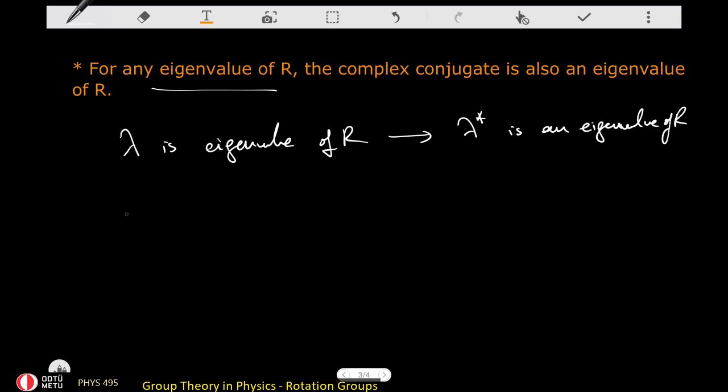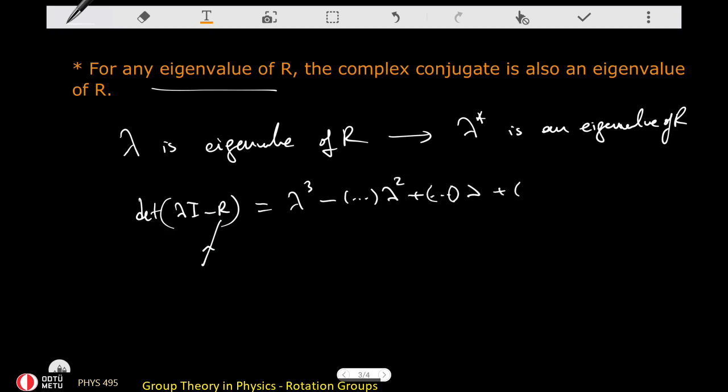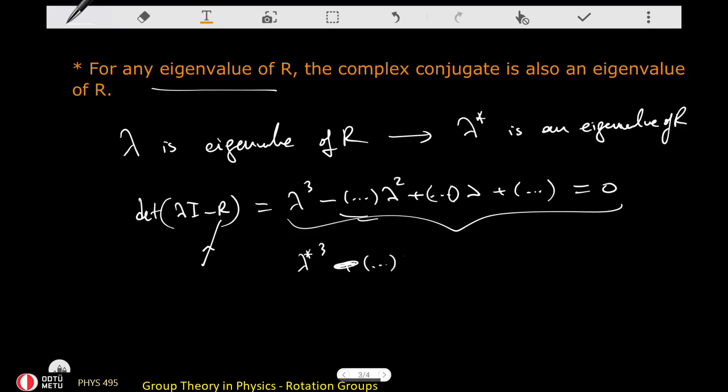Why? Because of the characteristic polynomial, the determinant of lambda I minus R. Since R has all real entries, this is an equation where all the coefficients are real. So if lambda satisfies that equation, then lambda star also satisfies the same equation, because the coefficients are unchanged.